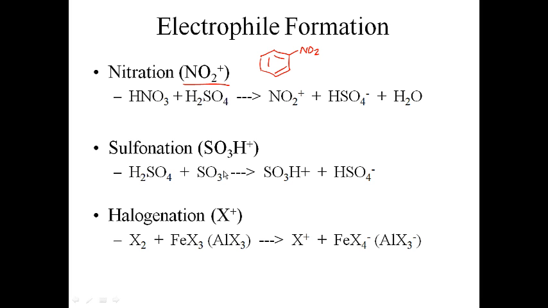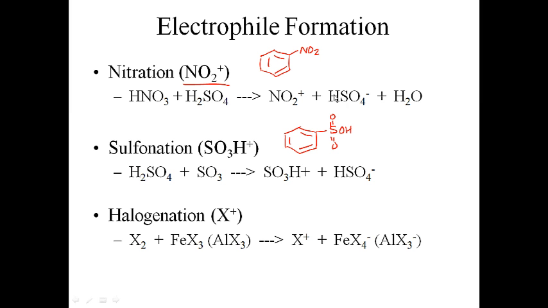If I mix SO3 and sulfuric acid, I can substitute a hydrogen on the benzene ring for a sulfonic acid group, and so I can sulfonate the ring.